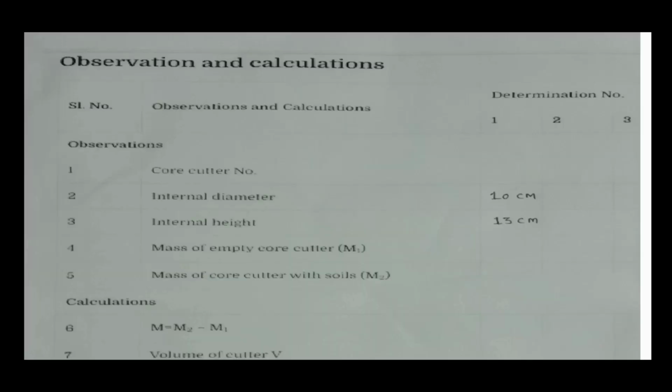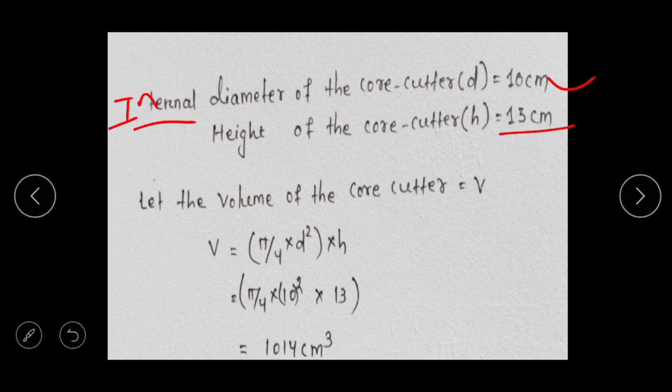The volume of the cylindrical core cutter is pi by 4 into d square into h. Here d is 10 centimeter, the diameter of the core cutter, and h is equal to 13 centimeter. After calculation, the volume is 1014 centimeter cube.